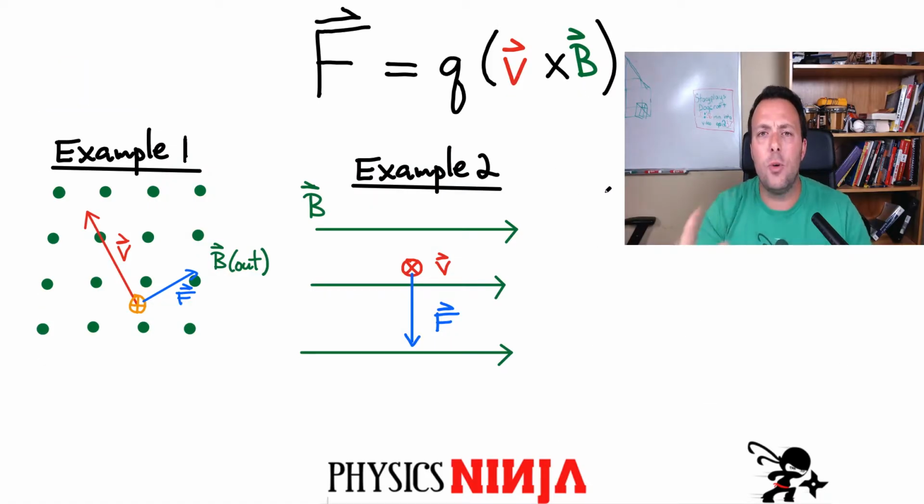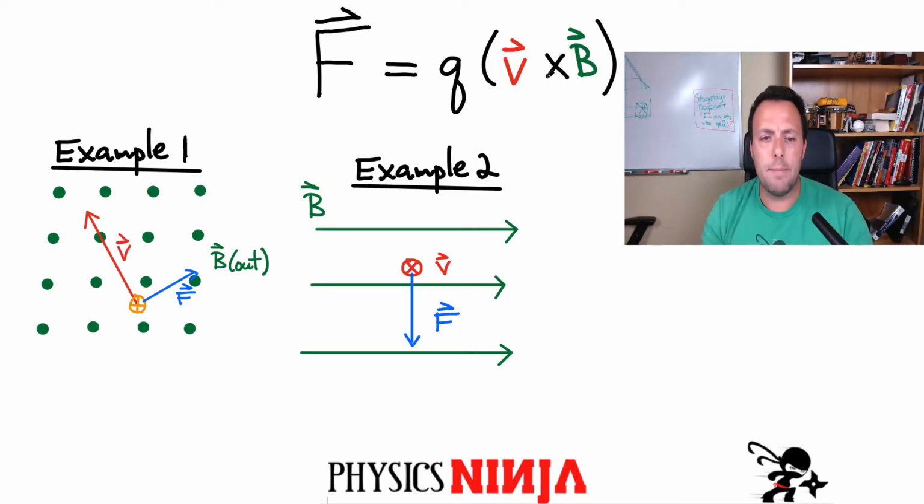I need to highlight 2 super important points regarding this magnetic force. Here I have both examples shrunken down to size just to illustrate my point. Again, we used the right-hand rule to find the direction of this cross product and then looked at the charge and decided which direction the force was in.